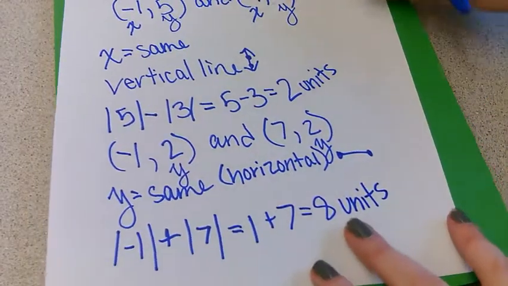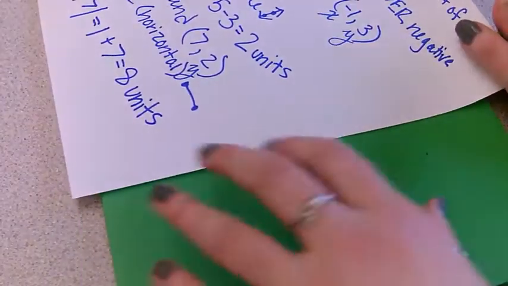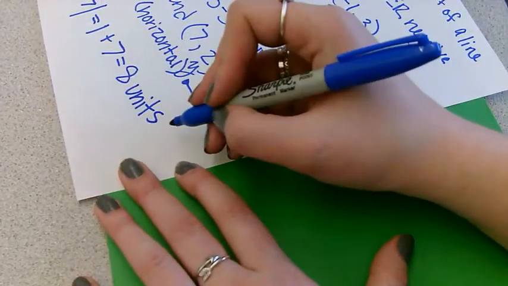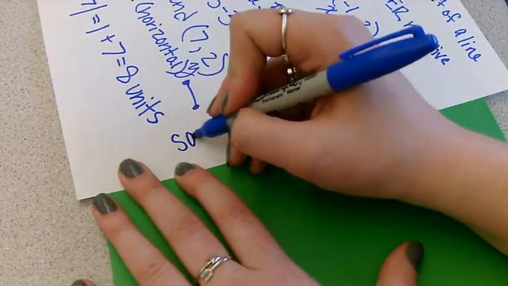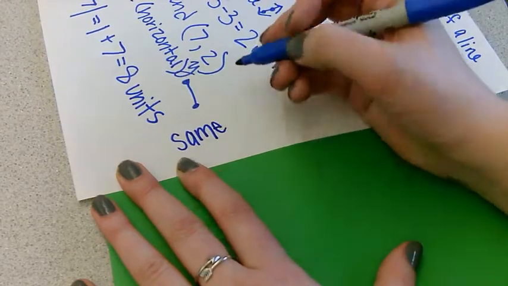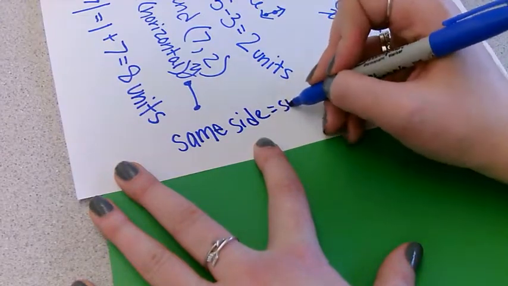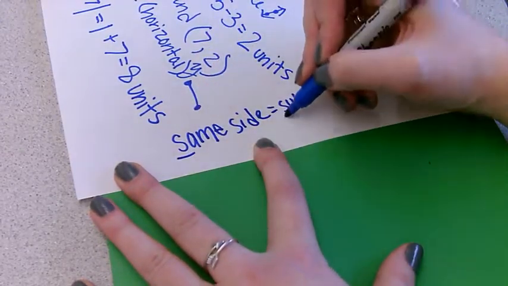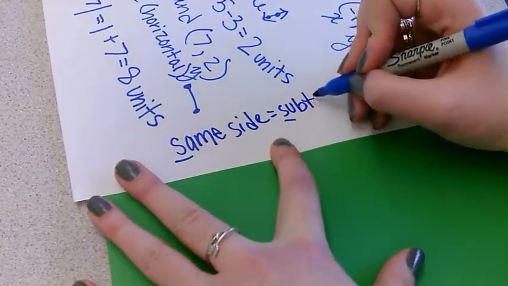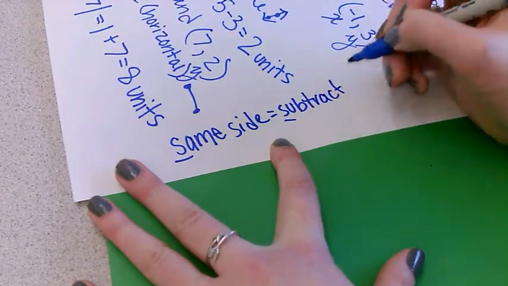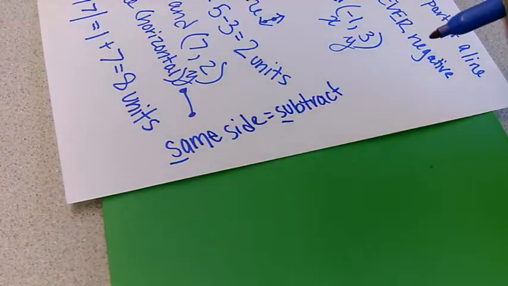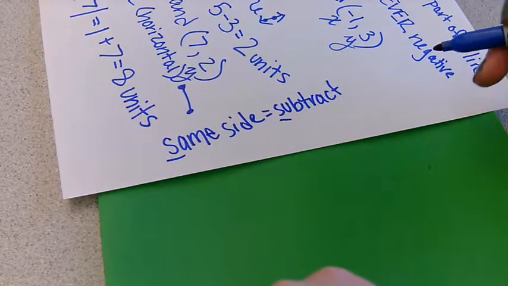So, what to keep in mind here is same side, subtract. The S and the S is your hint. But it means that the x either has to be the same or the y has to be the same. It can't be an x is -3 and a y is -3.